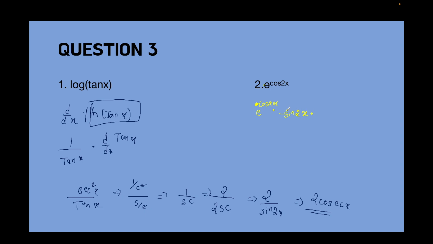Now you came to this part, 2x, differentiate 2x, which is 2. So what are you getting? Minus 2 sin 2x into e power cos 2x. Clear? Done.